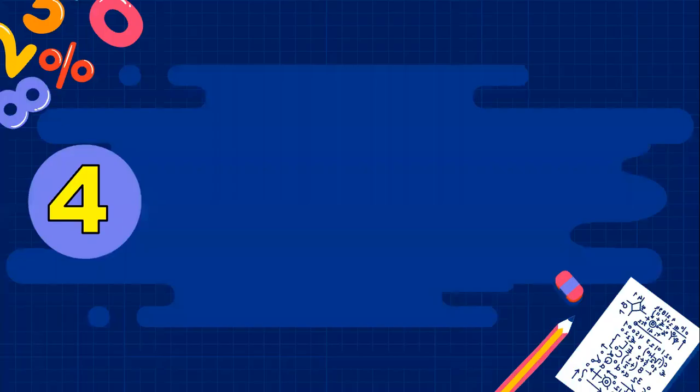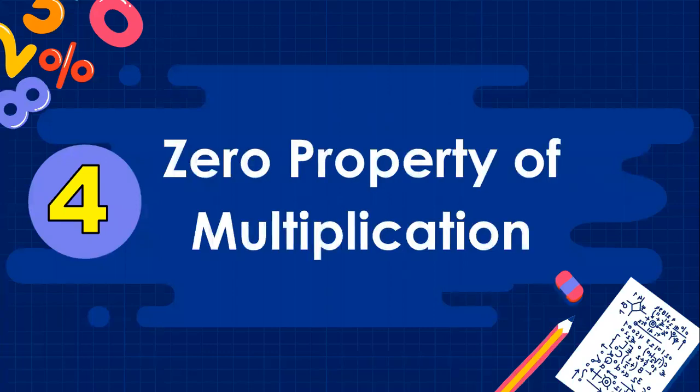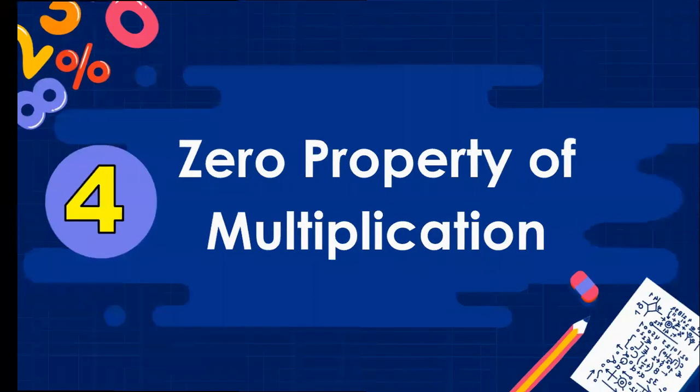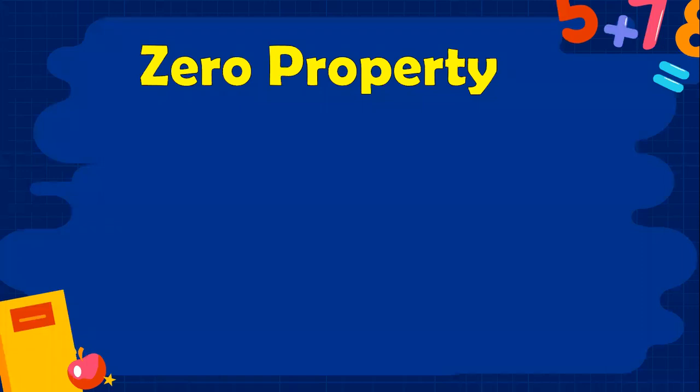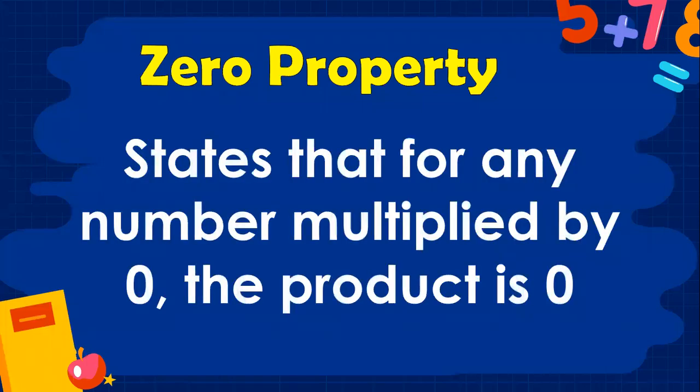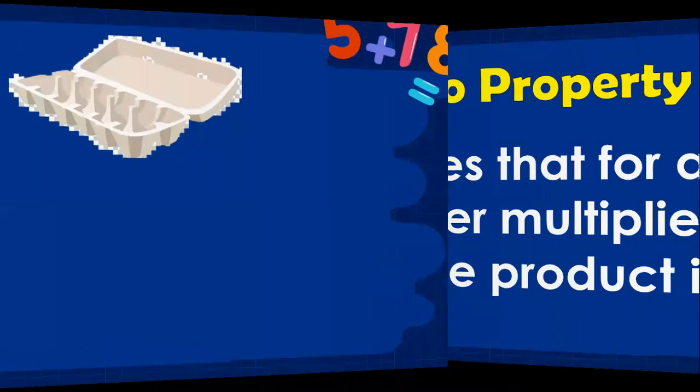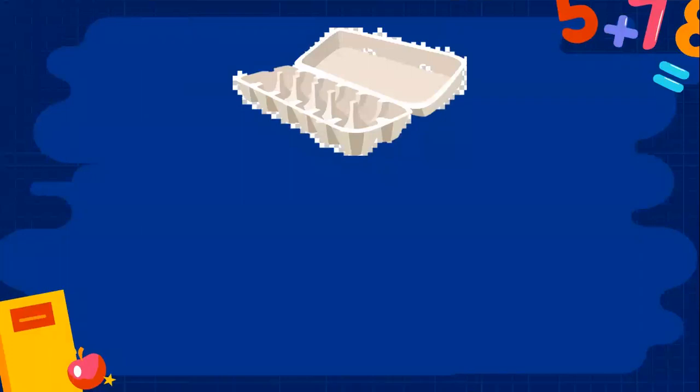Next one, number 4, the zero property of multiplication. When I say zero property, it states that any number multiplied by 0, the product is 0. Say for example this one, how many eggs are there on the tray?